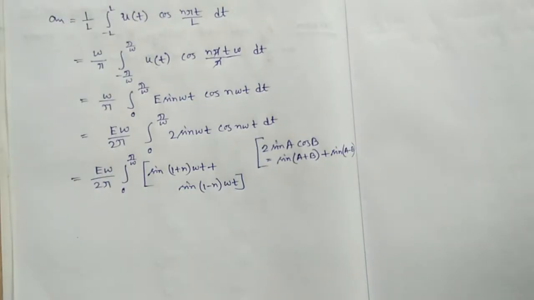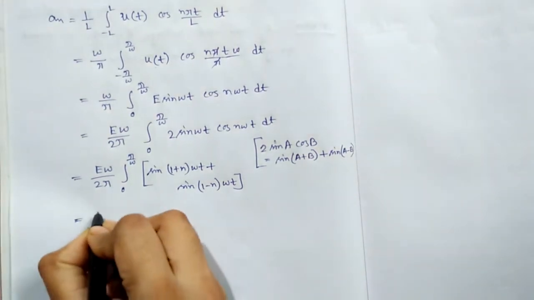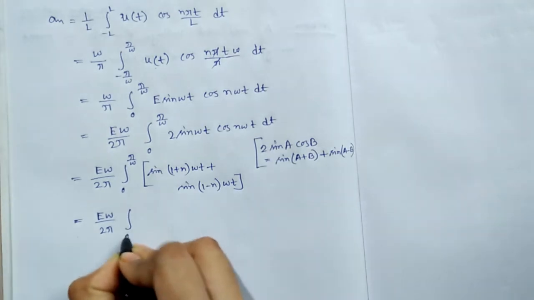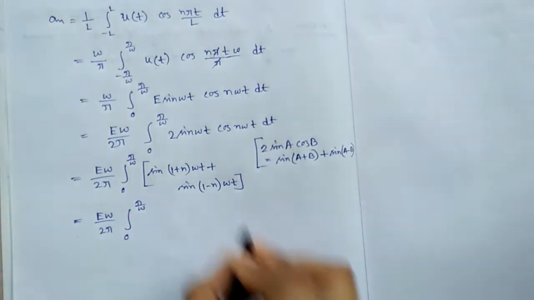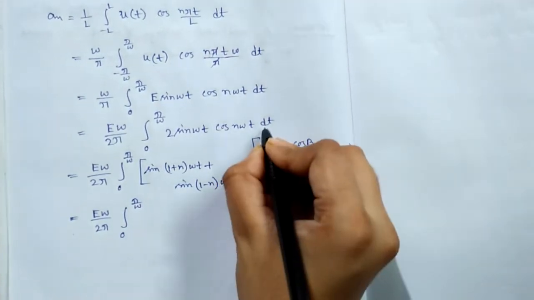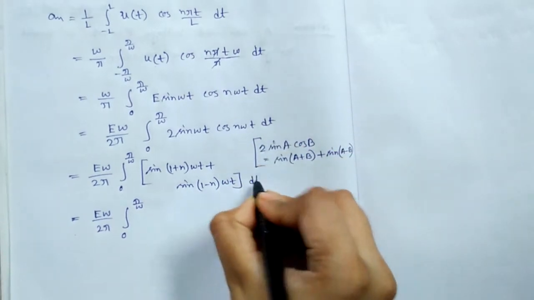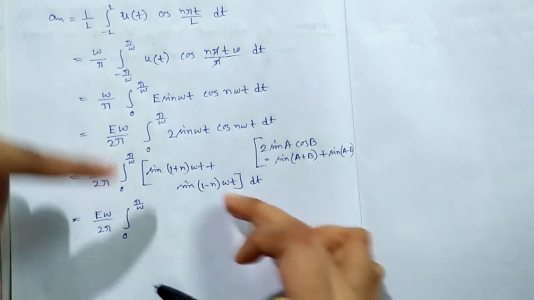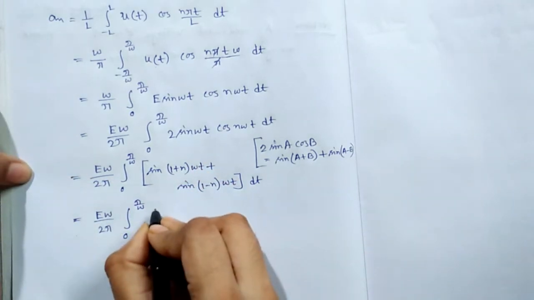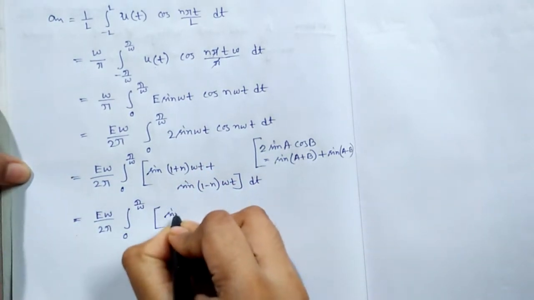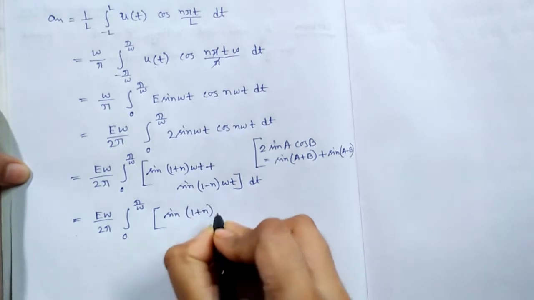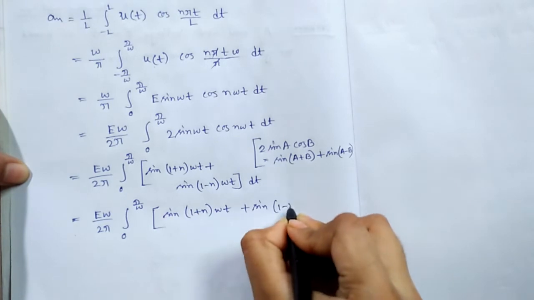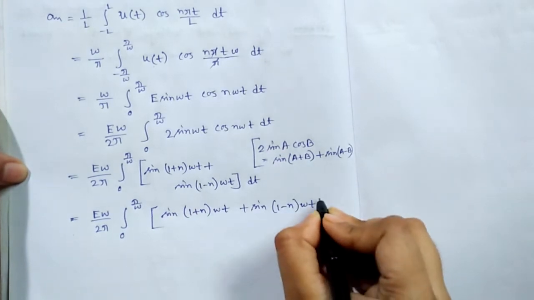Okay, next, E omega by 2 pi integration 0 to pi by omega, dt. So I'm writing again just for proper view: sin (1 plus n) omega t plus sin (1 minus n) omega t.